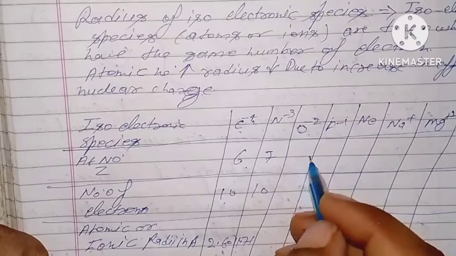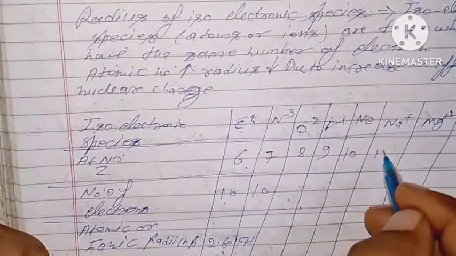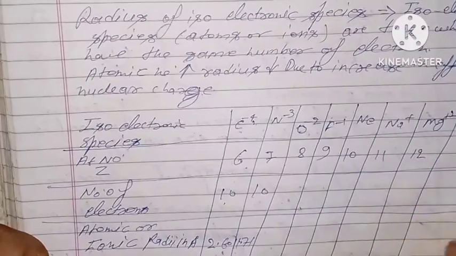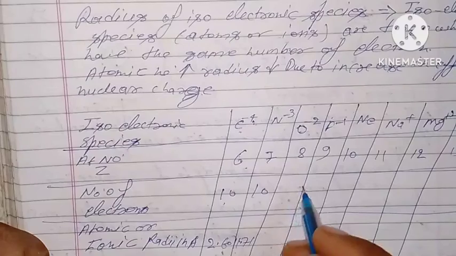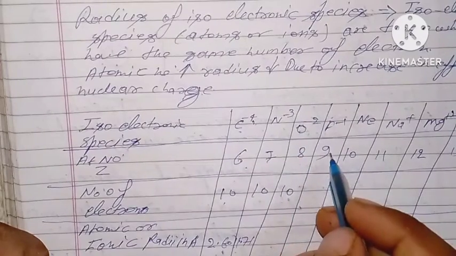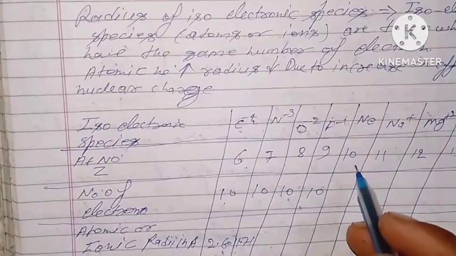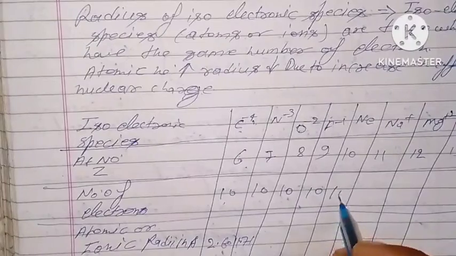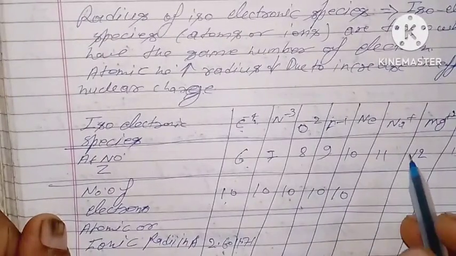Oxygen is 8, fluorine 9, neon 10, sodium 11, magnesium 12, and aluminum 13. The total number of electrons for oxygen, fluorine and neon is 10.